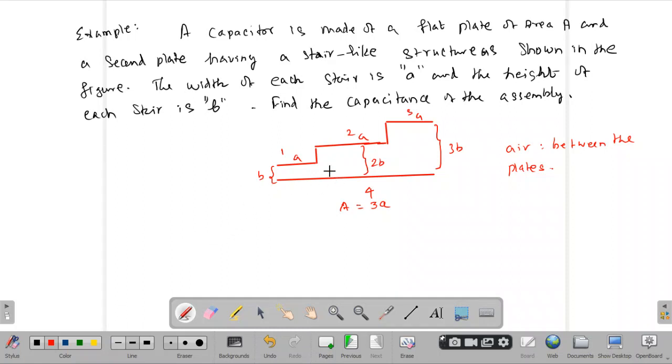Listen to me. Now we can separate this into three capacitors. The plate area A with separation B is taken as C1. The plate area A with separation 2B is taken as C2. The separation 3B with plate area A is taken as C3. The lower plate is connected to the positive terminal of a battery.